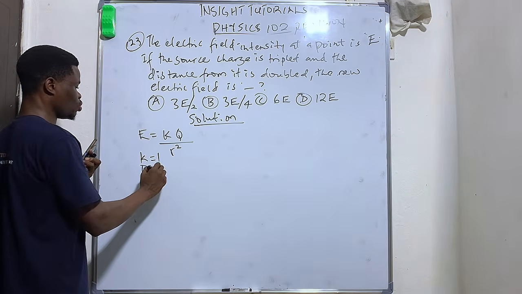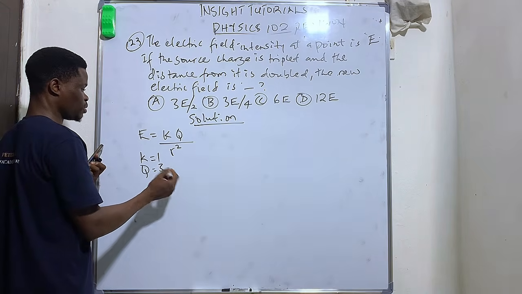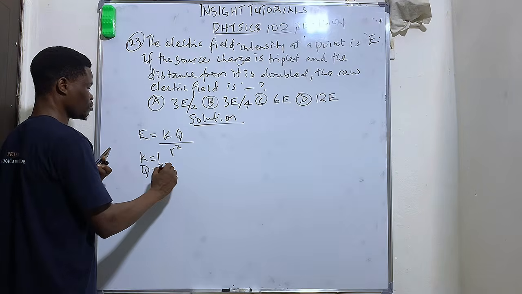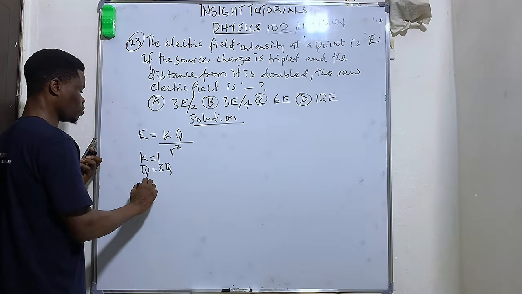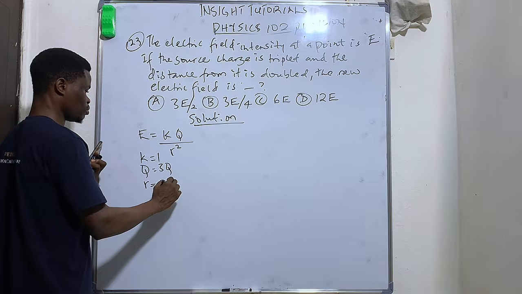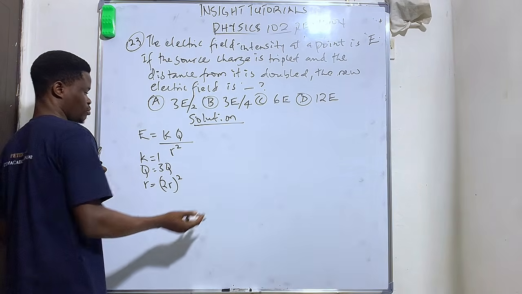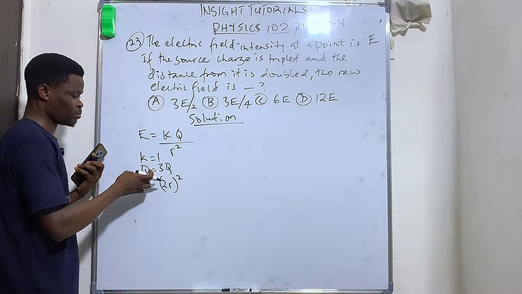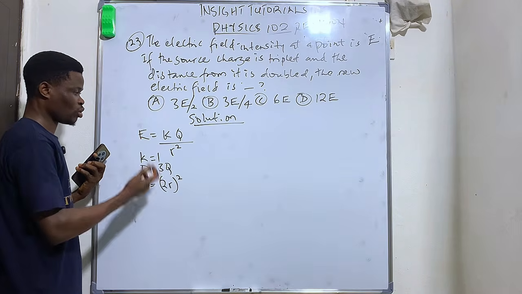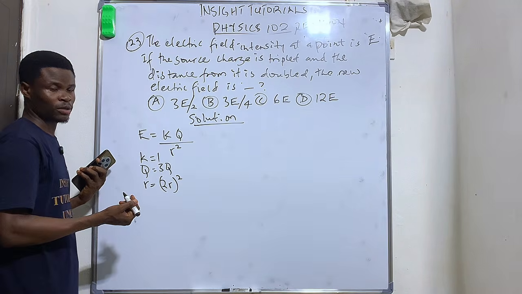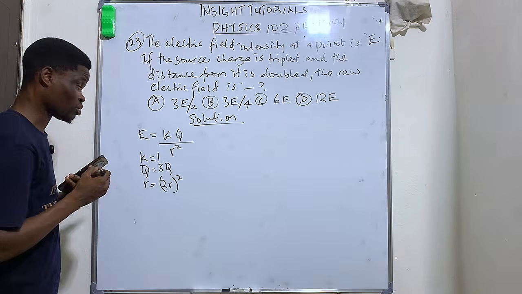Now they say the Q is tripled, so you triple Q. And then they say you will double R. Now, of course, double R means 2R, triple Q means 3Q. So what will happen to the new electric field intensity? That's what we are asked.